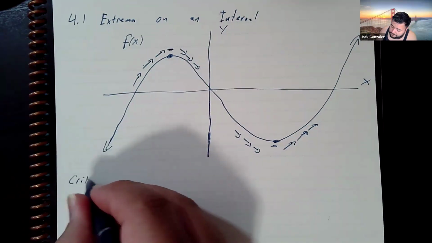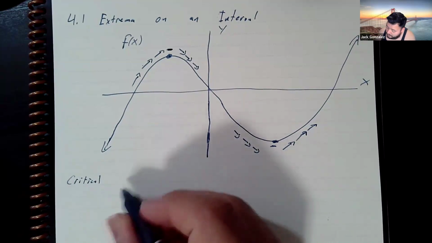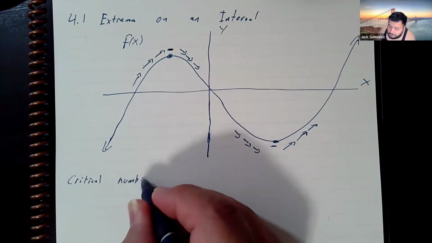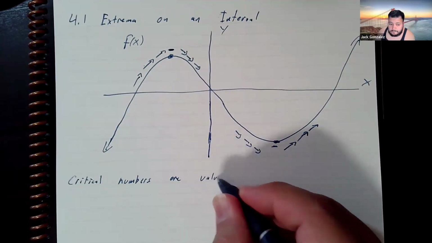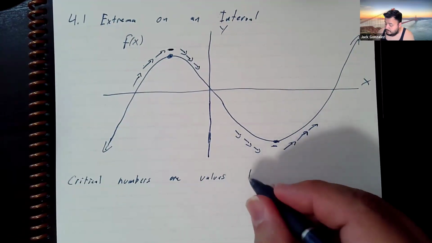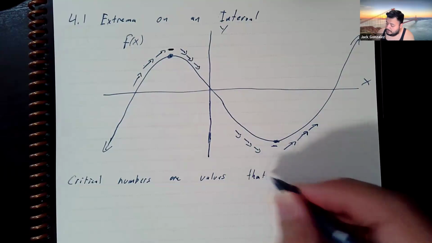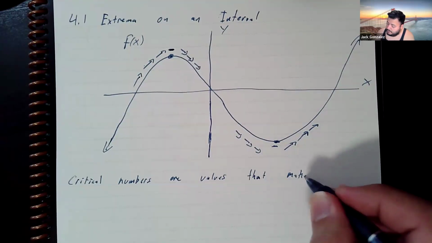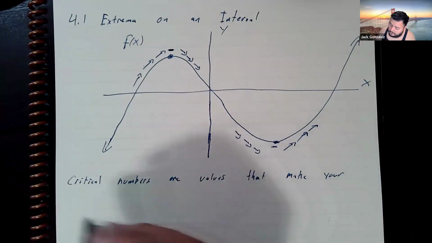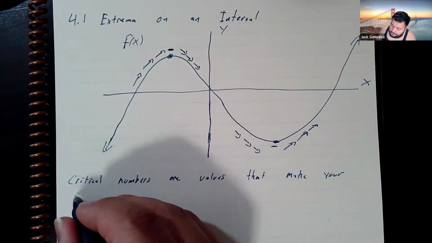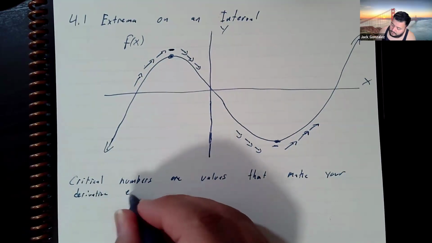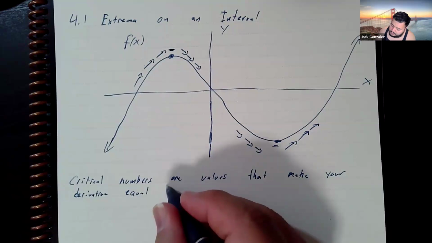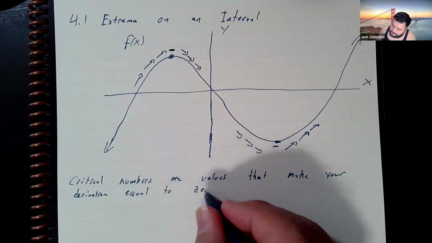So critical numbers are values that make your derivative equal to 0.